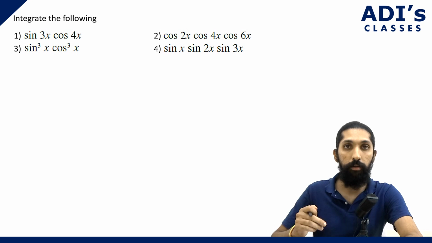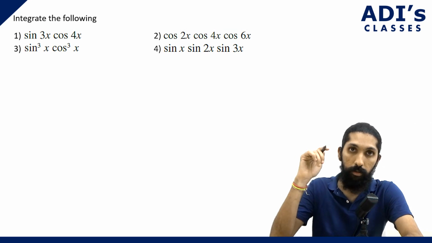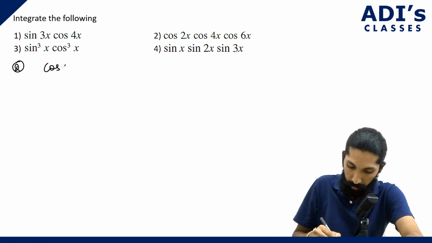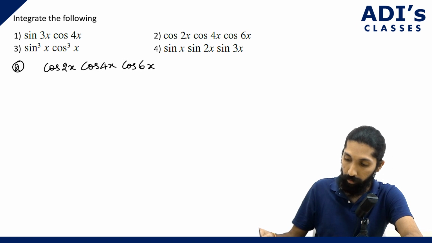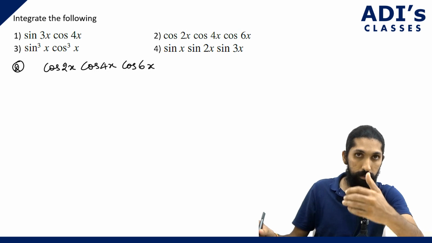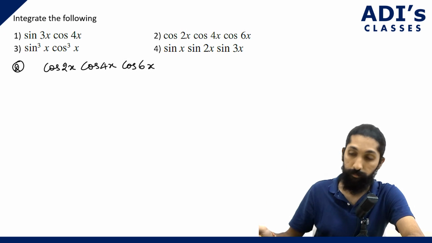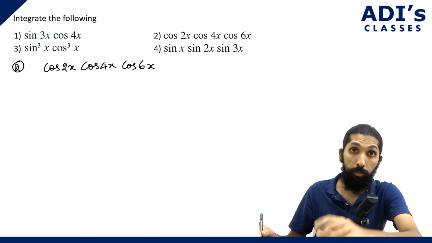Let's do the second question now. For the second one, see what do we have? Cos 2x, cos 4x, cos 6x, right? Before you integrate, first you need to simplify this. In the sense, use the transformation formula. First what we'll do, we'll try to group things.